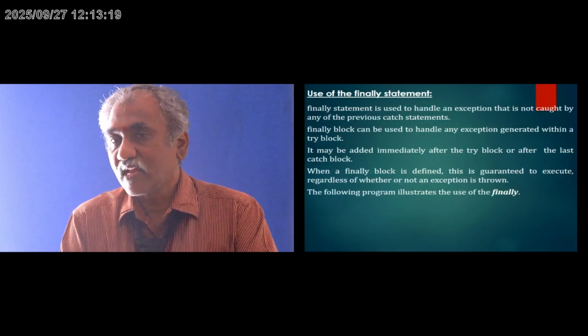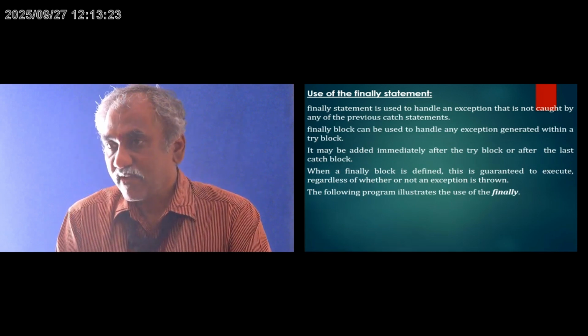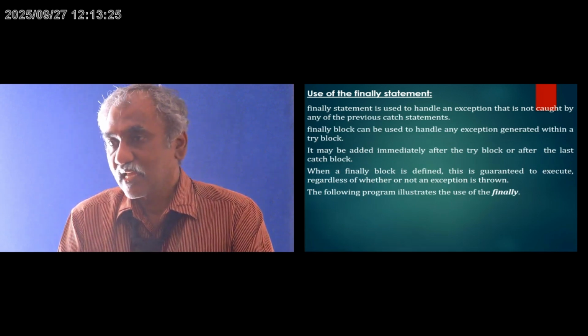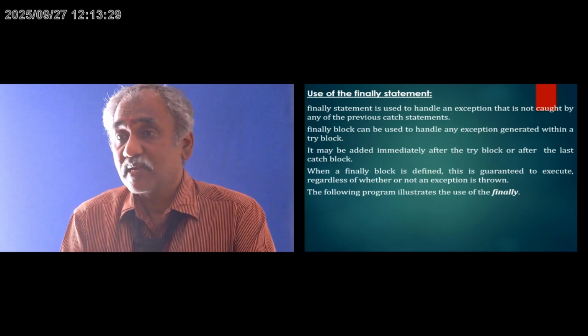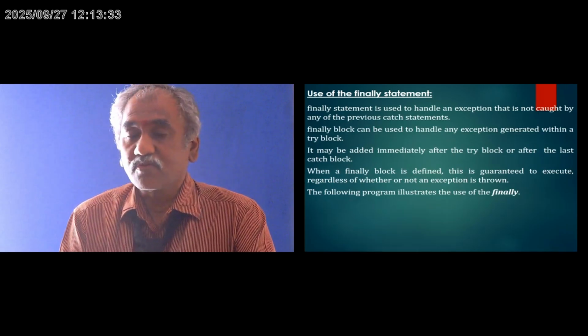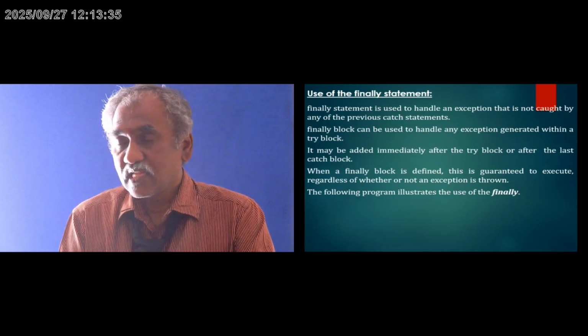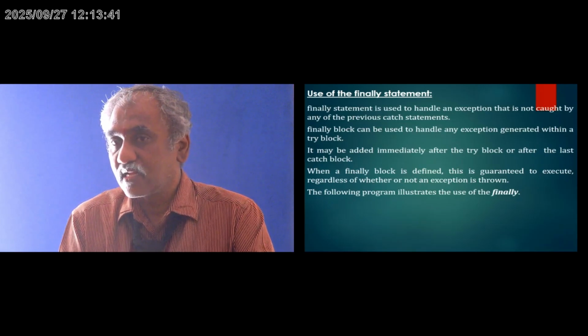Use of finally. In some situations, if you do not specify the correct exception in the exception handler, the program terminates abnormally. Suppose you are using a null pointer exception that is not specified in the try-catch block.